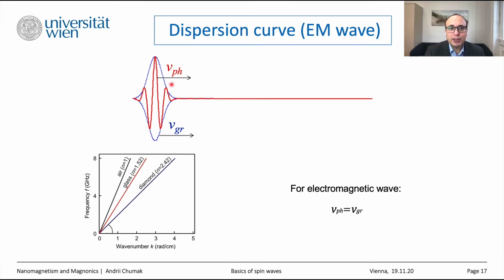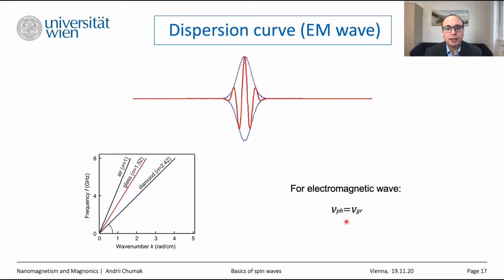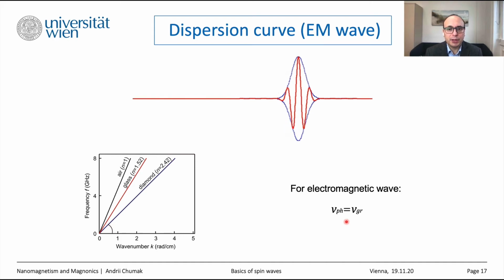Phase velocity shows you how fast the wave propagates itself, but group velocity shows you how fast it carries energy or information. If you have the same velocities for an electromagnetic wave, then the picture looks like that. Phase and group velocities are identical. Good. So this was just the electromagnetic wave, which you know very well.